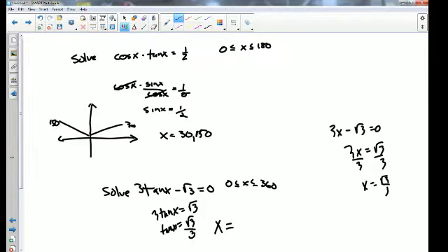Maybe this will help. Root 3 over 3 is the same as 1 over root 3. If you're on your unit circle, that's the answer it'll give you directly when you divide.